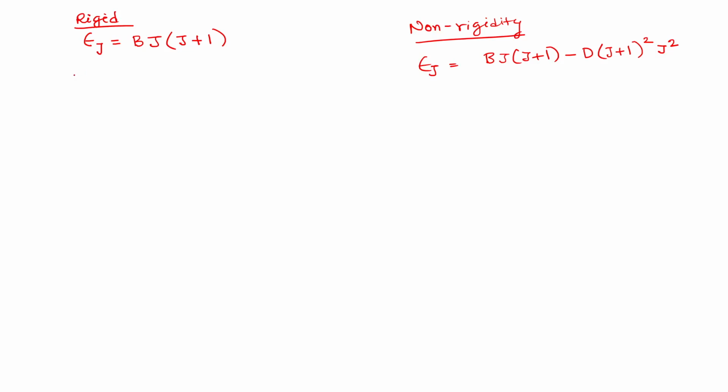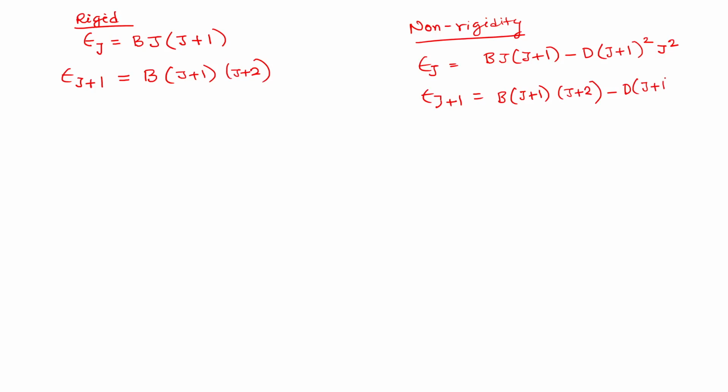If one has to think what is the energy of J plus 1, then it is B into J plus 1 into J plus 2, and minus D into J plus 1 square and J plus 2 square.